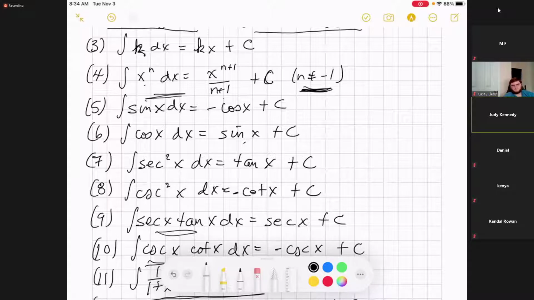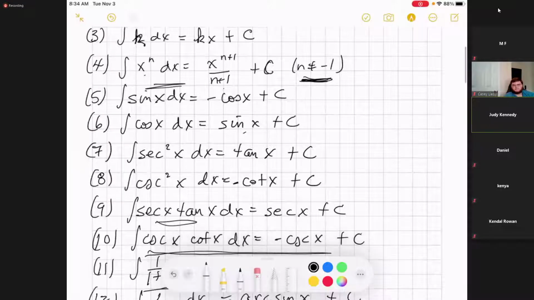And instead of just x, I've got x squared plus 1 raised to the minus 1. So we don't really know how to handle that yet. But fortunately, okay, so this is arctan of x.